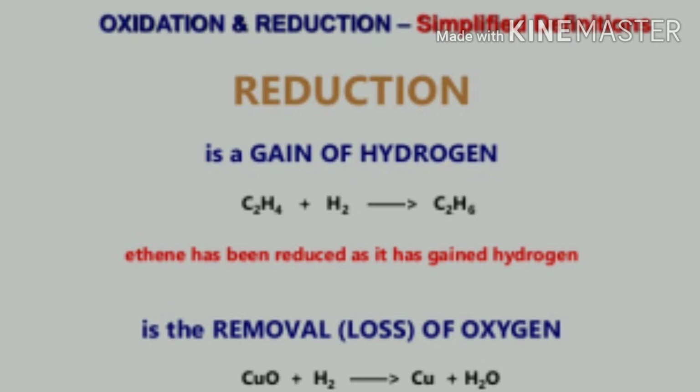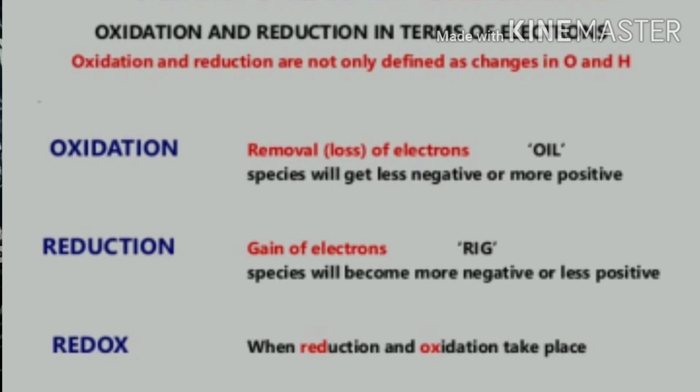But according to the electronic concept, oxidation can be defined as loss of electrons, whereas reduction can be defined as gain of electrons. That is, a redox reaction involves transfer of electrons.